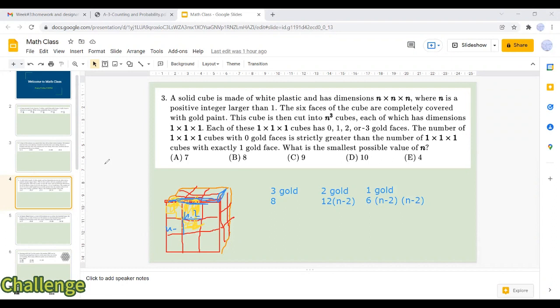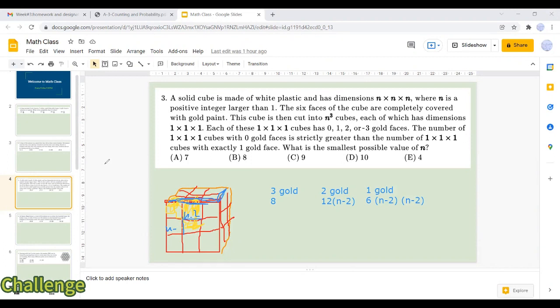So yeah, now that we have this information, we know that the number of cubes with 0 faces has to be greater than the number of cubes that have 1 face.